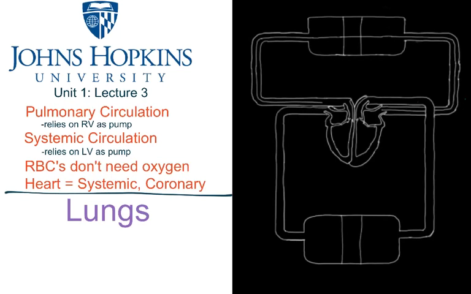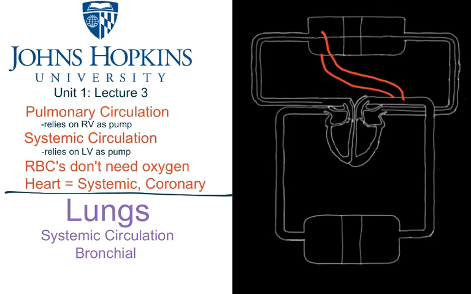And you've got a vessel going to the right lung, and then you also have another vessel going to the left lung. So you've got a couple of arteries that are branching off, and these are also part of the systemic circulation. And these are called bronchial arteries. And these bronchial arteries bring then oxygenated blood.